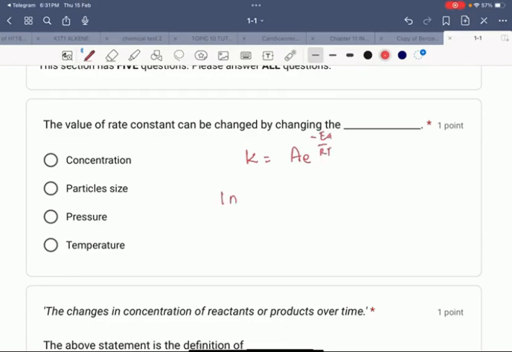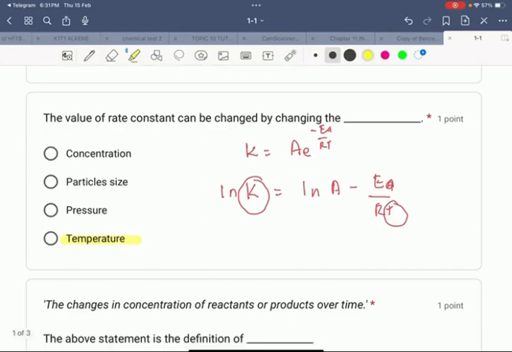Or when we manipulate it, it becomes ln K equals ln A minus Ea over RT. So the value of K can be changed when we change the temperature because it relates. So the answer is D, the fourth option, temperature.